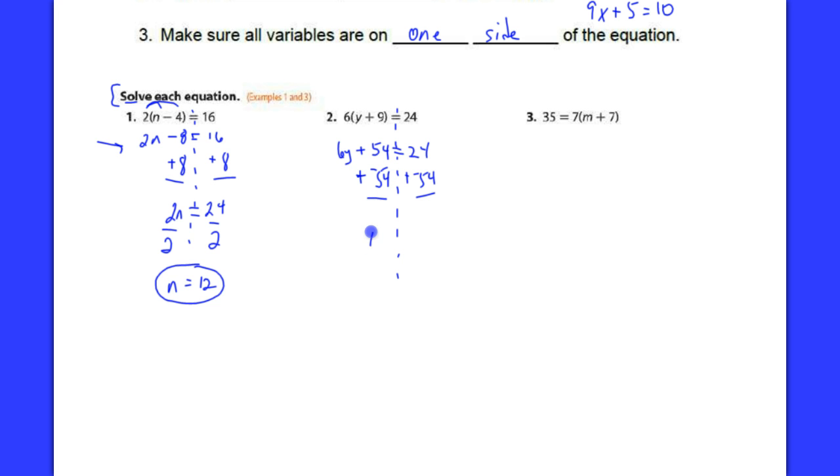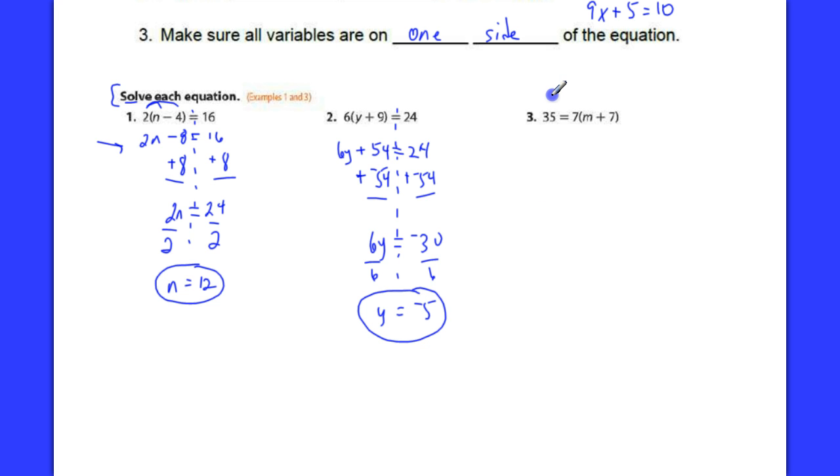That cancels out. I have 6y is equal to 24 plus negative 54, which is negative 30. Divide that by 6. You get y is equal to negative 5. Easy enough.